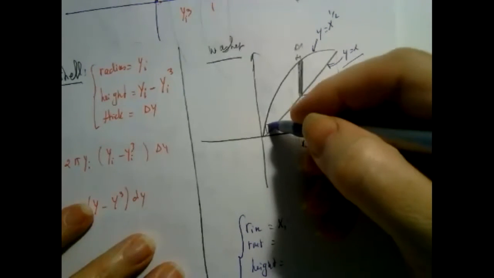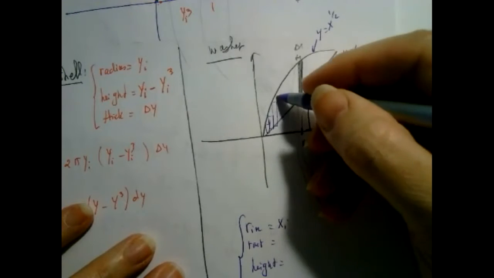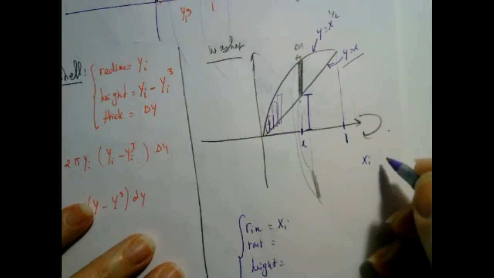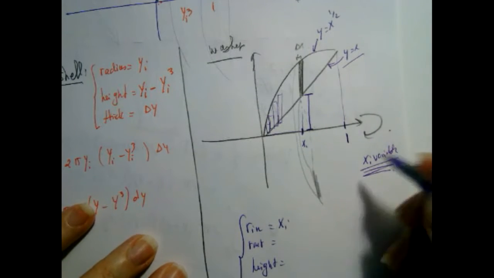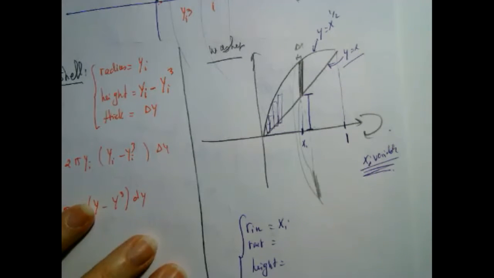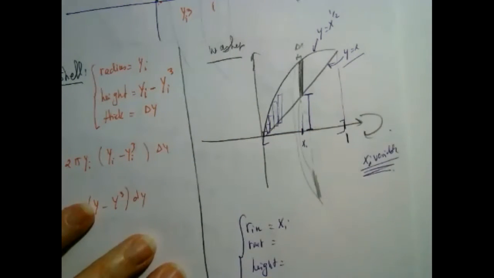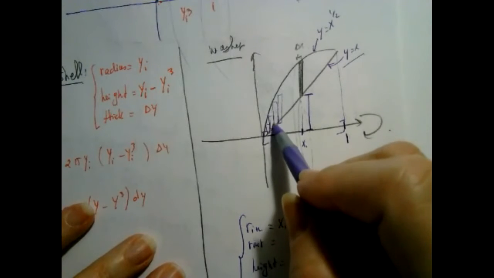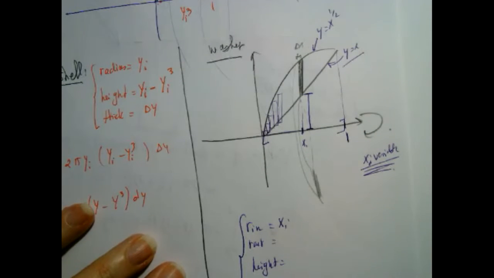If I am covering with vertical rectangles, it means x is my variable, because I'm dividing the interval on the x-axis, not the interval on the y-axis. So x is the one that varies. I'm rotating this plus this plus this, but every time x is my variable, not y in this case.